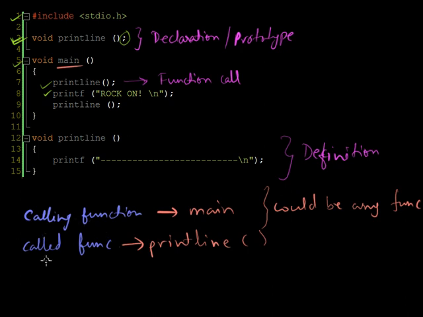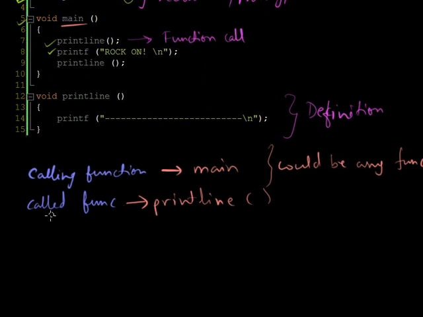And you know this, but let us still revise how the control goes, from where the control goes to where. So firstly the control is in main, then it goes to println, main to println, then it comes back to main. Whenever any function's execution is complete, your control comes back to main.